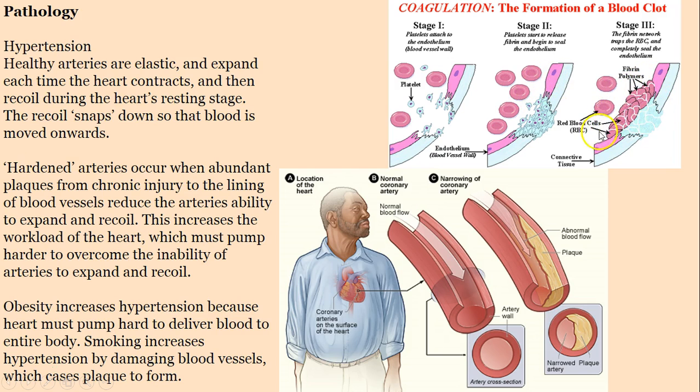Thousands of them, and pretty soon the blood flow is diminished, and now the artery can't expand and recoil. Normally with each beating of the heart, this blood vessel is going to expand, and then it's going to recoil. When it recoils, it shoots the blood forward, and then the heart doesn't have to work as hard. But once the vessels become hard, do you remember that previous picture?